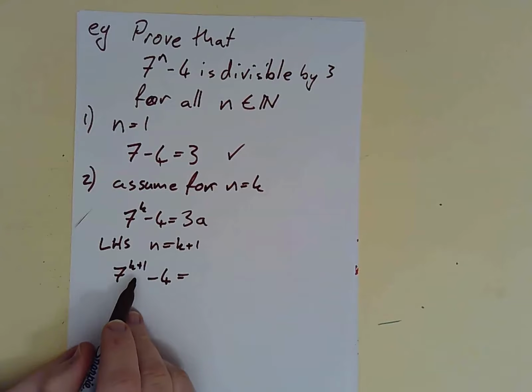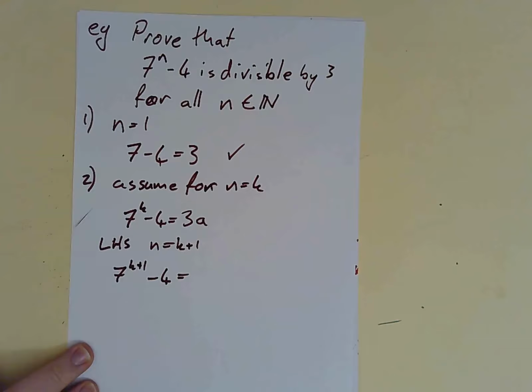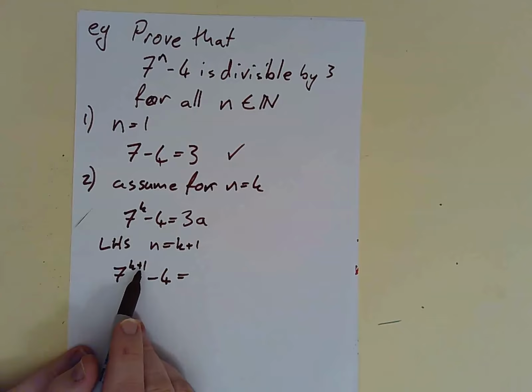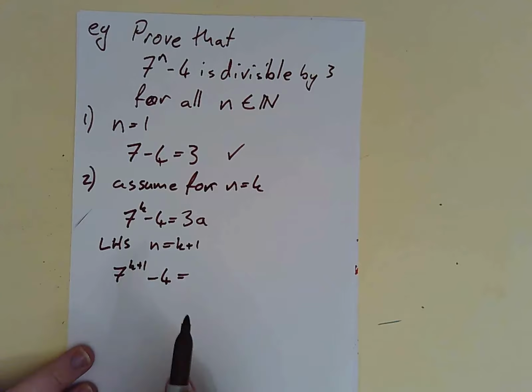But we've got to try to find how to pull this stuff out of this. Can I find a 7 to the k minus 4? Well, it's a bit awkward because I've got this plus 1. So what we're going to do here is I'm going to use our exponential laws, power laws.